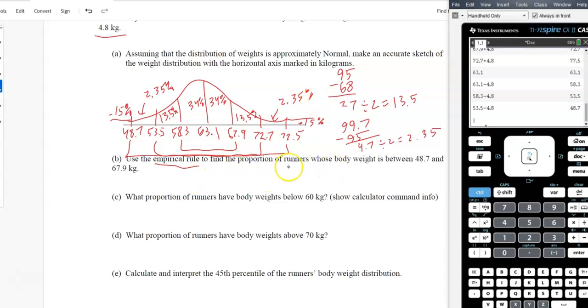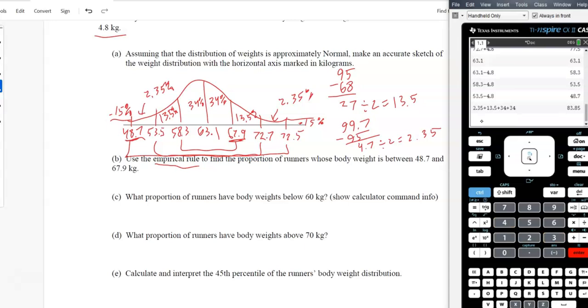Okay, so we want between 48.7, that's this guy, and 67.9, that's this one. So let's just add them up in our calculator here. We need the 2.35 plus 13.5 plus 34 plus all the way to 34. 83.85, and I would show that work.